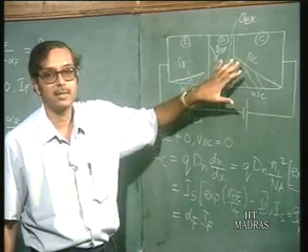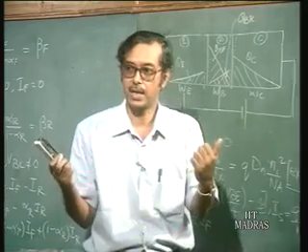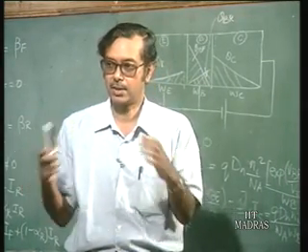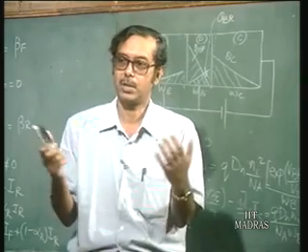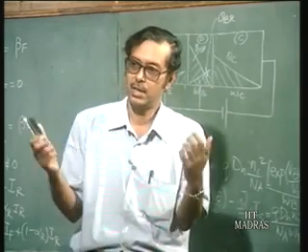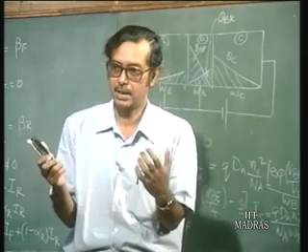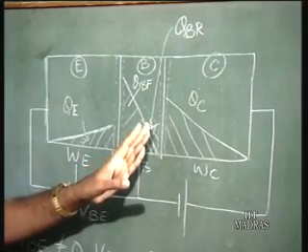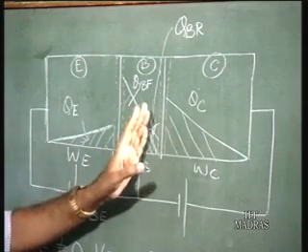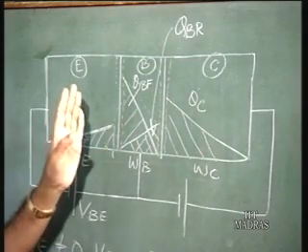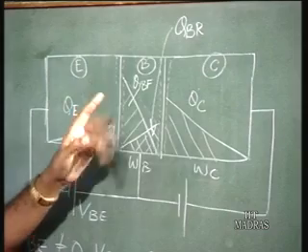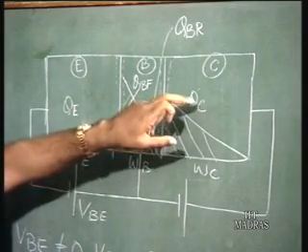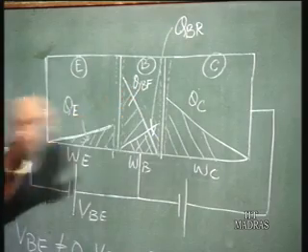This has to be done because you normally apply a reverse bias across the base collector junction, and also because of breakdown reasons, you have to make the collector doping much less. And also so that the depletion region for the base collector junction goes on the collector side, not into the base side, so that you do not have a punch through condition. For this reason, the collector doping concentration is much less than the base doping concentration.